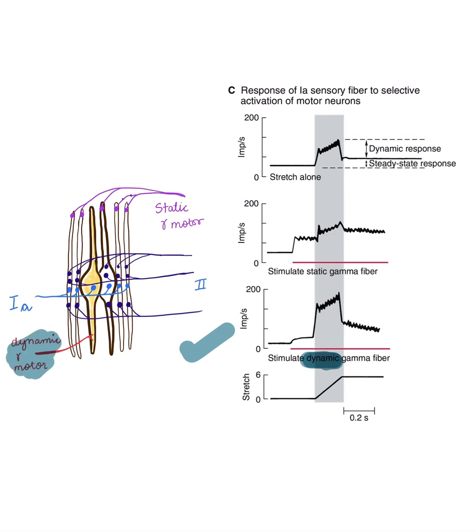So we see when these dynamic gamma fibers are stimulated, there is stimulation of 1A, but since there are no efferents from this dynamic gamma to the dynamic nuclear bag fiber, there will be no stimulation here in 2.